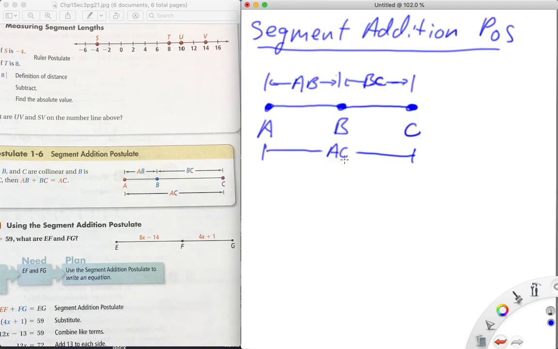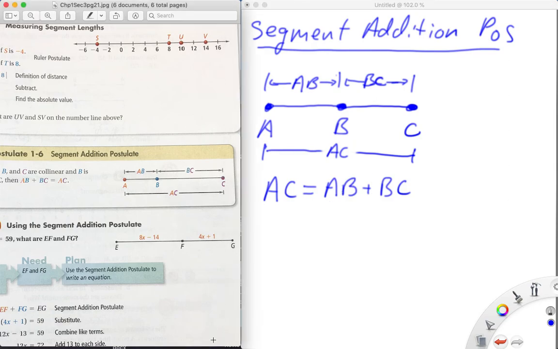So the overall distance is AC, right? And I have these two little segments, from A to B and from B to C. I can say that the overall segment, the biggest segment, AC, is equal to the sum of the smaller segments. So AB plus BC. So the big segment, the overall segment, is made up of adding the smaller segments together. And that is the segment addition postulate.